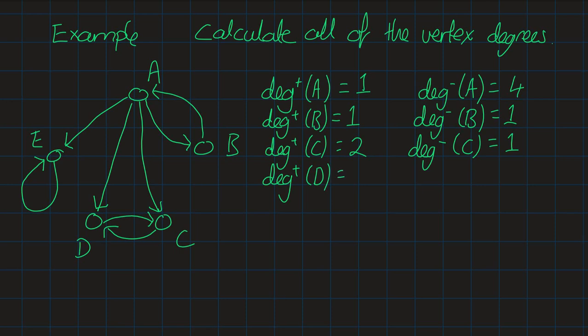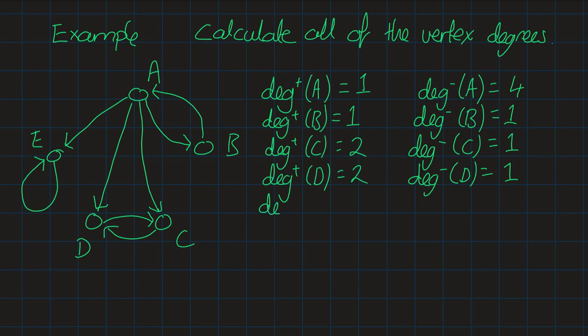The in degree of D and the out degree of D. The in degree, I see 2 arrows going in, and I see 1 arrow going out. So that's 2, 1.